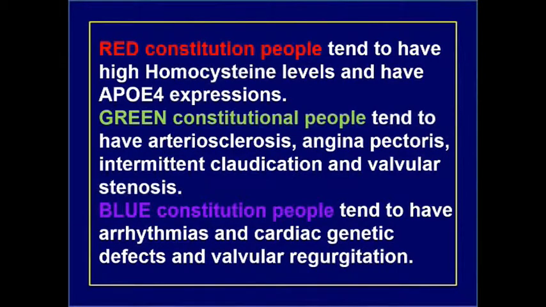Green people tend to have the tendency towards arteriosclerosis, intermittent claudication, angina. We tend to fur up, valvular stenosis, which again is furring up of the valves, and blue people tend to have the arrhythmias, what Sam was talking about with his patient there, and cardiac genetic defects, which is what we've been talking about all day. In other words, firing sequence problems, and valvular regurgitation.